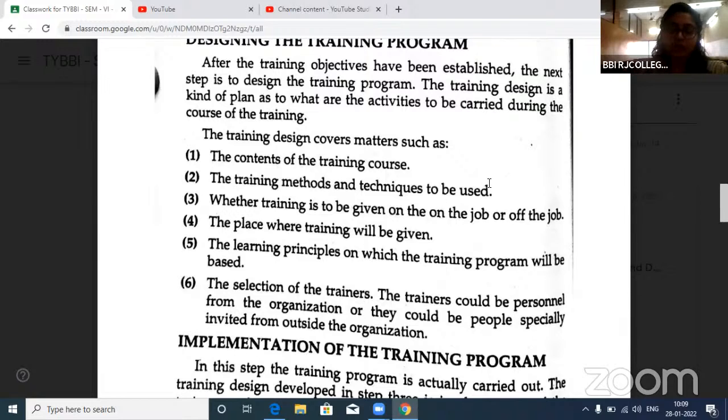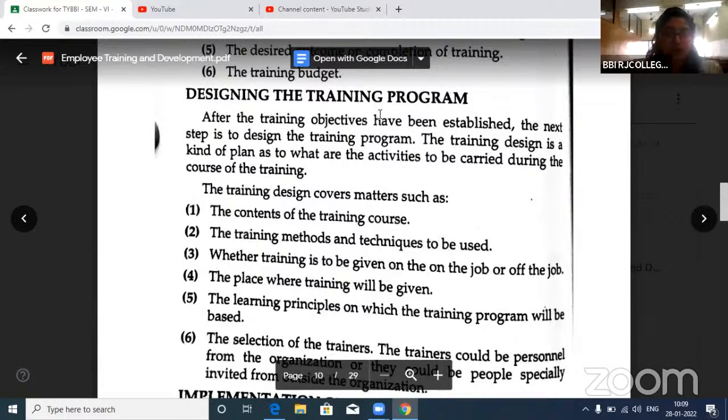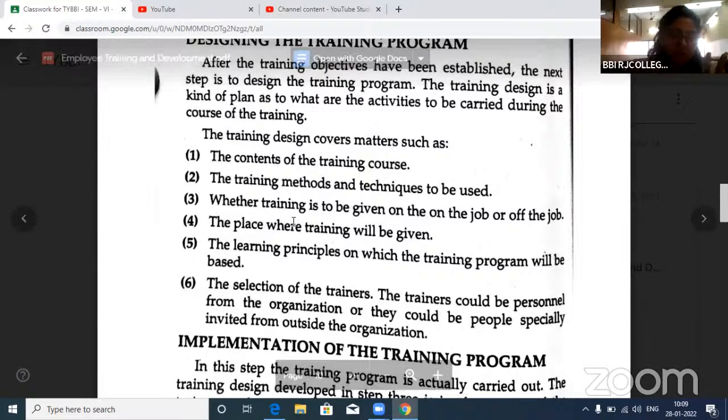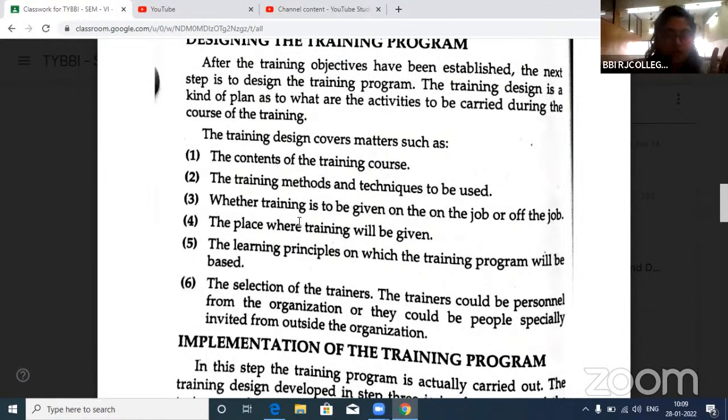Okay. Now, next, the place where training will be given also has to be decided during this step, which is known as designing the training program. Place, time, what contents to be included, methods, techniques, on the job or off the job training, learning principles on which the training program will be based, and selection of the trainers.